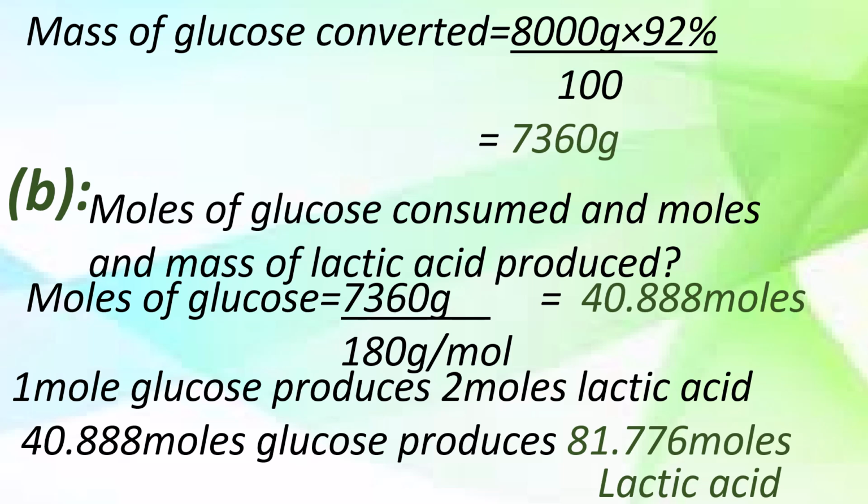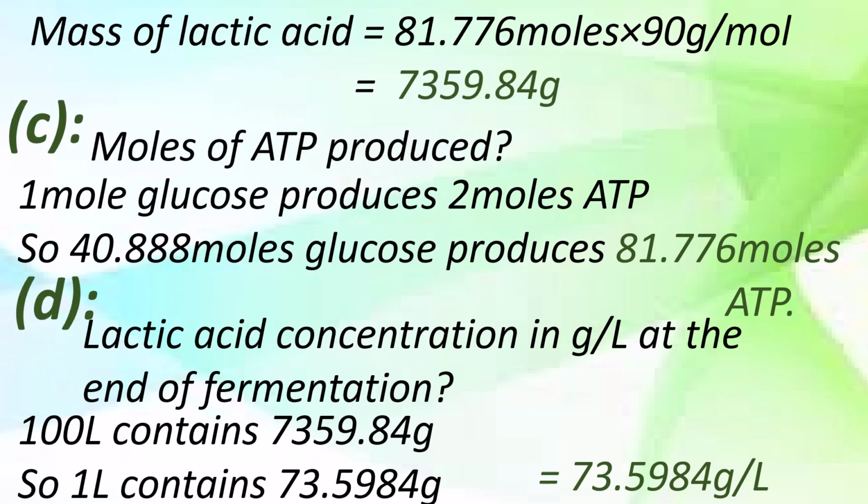Now we will calculate the mass of lactic acid produced. Mass of lactic acid is moles, 81.776 moles, times 90 gram per mole, the molecular weight of lactic acid. After solving, mass of lactic acid is calculated to be 7359.84 grams.